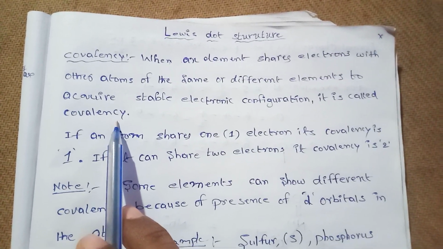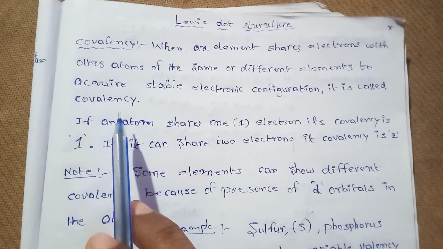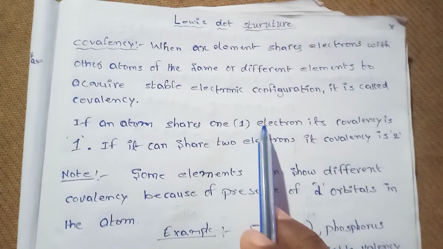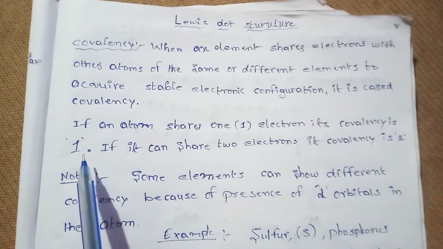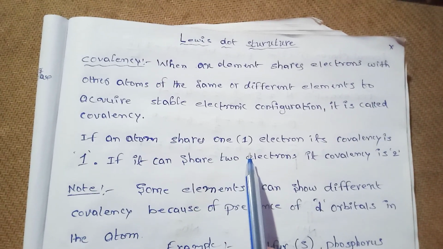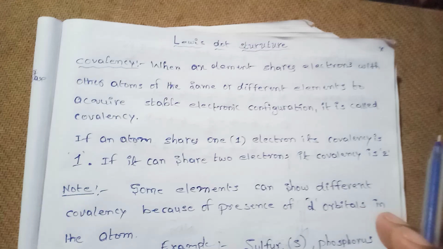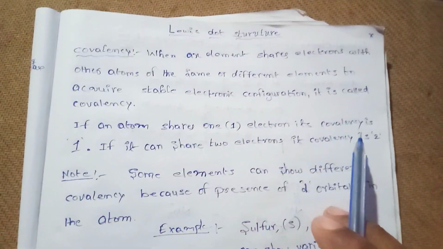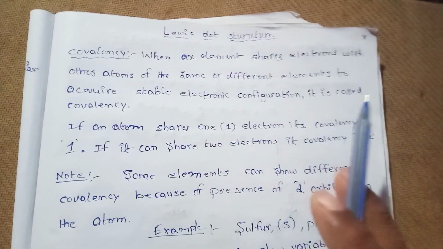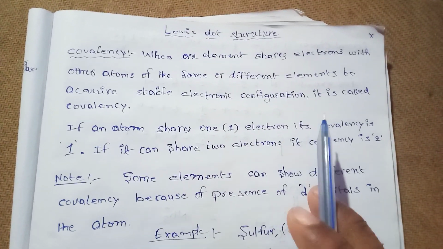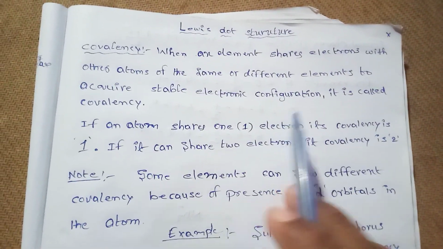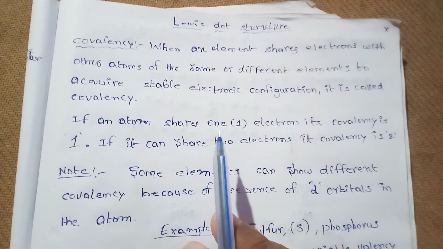So that is the definition of covalency. For example, if an atom shares one electron, its covalency is 1, and if it shares two electrons, its covalency is 2. So the covalency of an atom depends on how many valence electrons it shares with the surrounding atoms while forming a molecule.